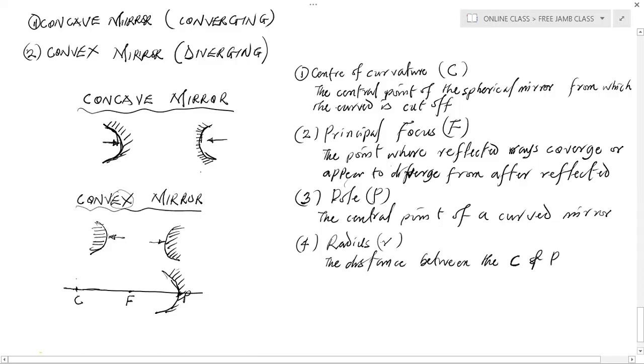That is from here to here. That's R. While the fifth one is what we call focal length.